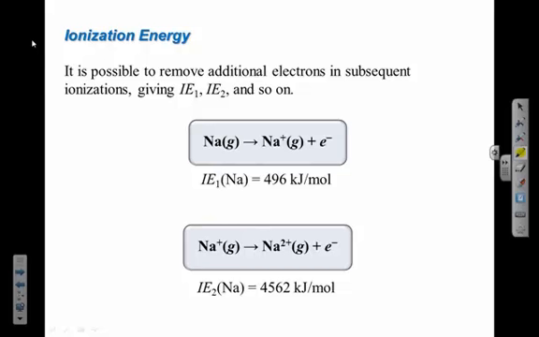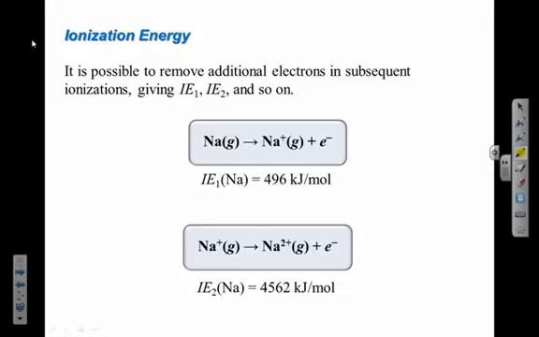So the remaining electrons are able to feel the amount of charge that was there more effectively and move closer to it. So this will make the atom smaller, and since the remaining electrons have a greater attraction now because there's less shielding between them, it will make the next ionization energy much higher.